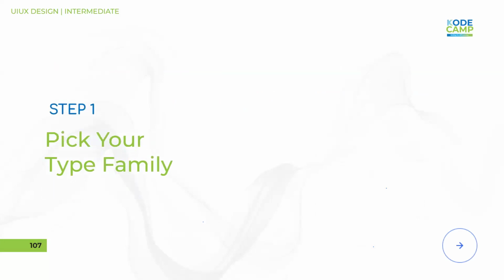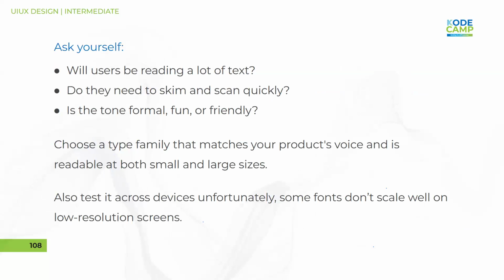Okay, so how do we create a typography style guide? All right, so the first step is to pick your type family. Before you do that, ask yourself, will users be reading a lot of text, or do they need to skim and scan quickly?